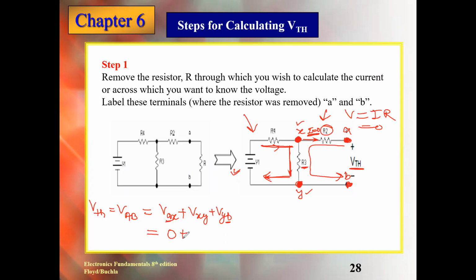What is the voltage divider rule formula to calculate V3? It is R3 over R2 plus R3, multiplied by V1. Clear? Understand this point?